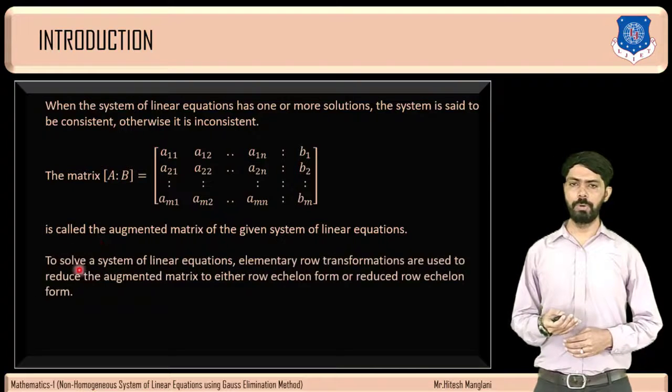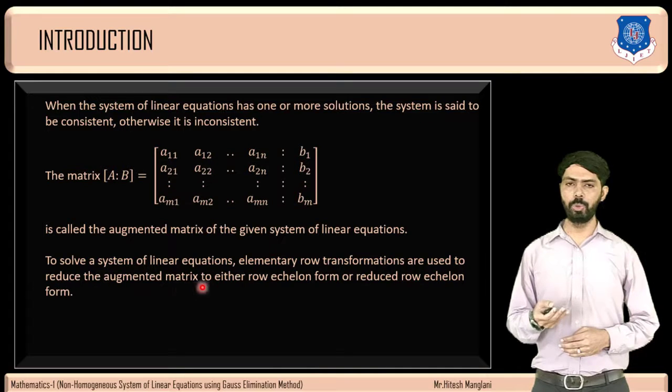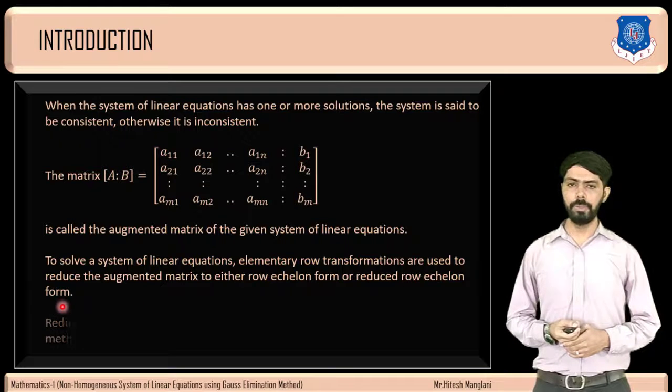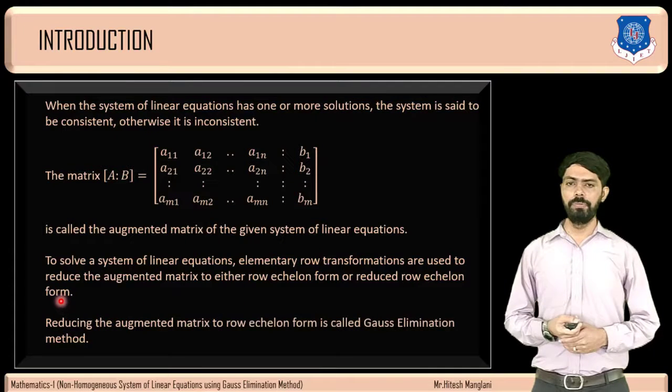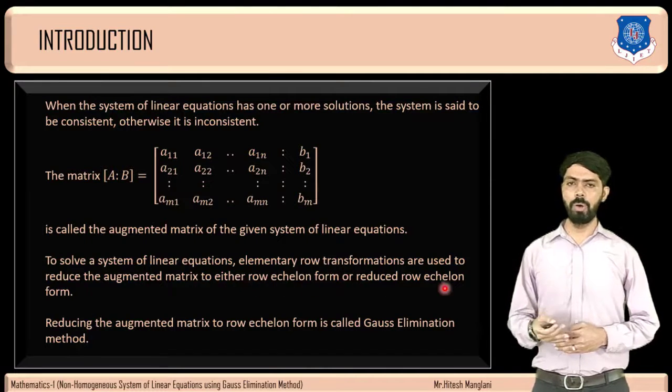And to solve a system of linear equations, elementary row transformations are used to reduce the augmented matrix to either row echelon form or reduced row echelon form. So we will convert this augmented matrix by elementary transformations to row echelon form or to reduced row echelon form.